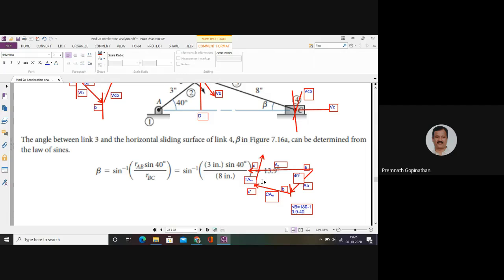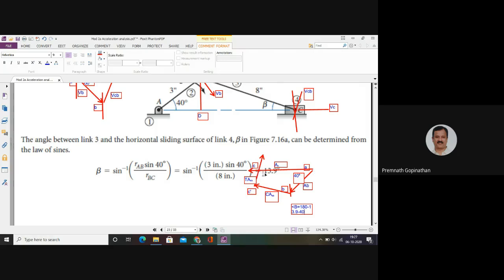Okay. Similarly, you can find out the angle at this position, that is with respect to the vertical. With respect to the vertical, the vector C dash C will be making an angle with AC.